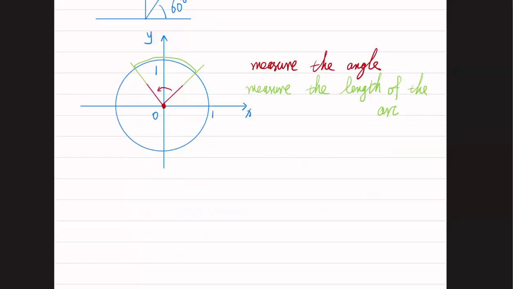There's a correspondence between the two measurements. The ratio is constant. I will use alpha for the angle, L for the length.